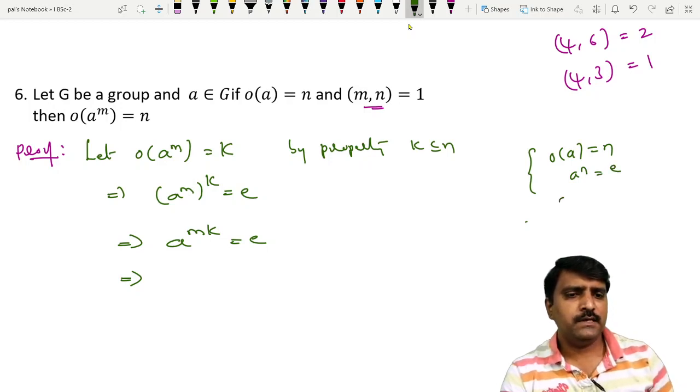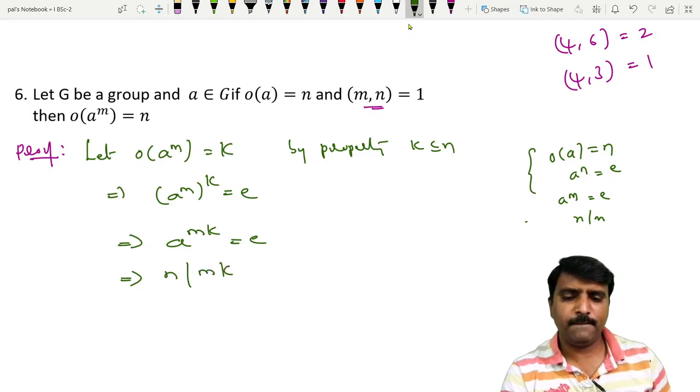Suppose A to the power of m is also e. Then definitely n divides m. So here the order of A is n, so A to the power of mk is e, which implies that n definitely divides mk. That is by using the property.